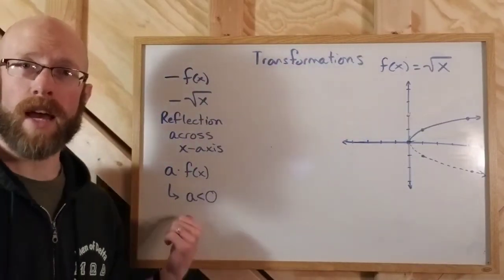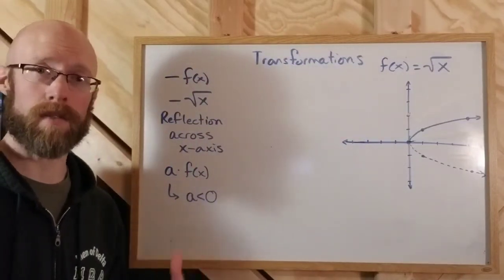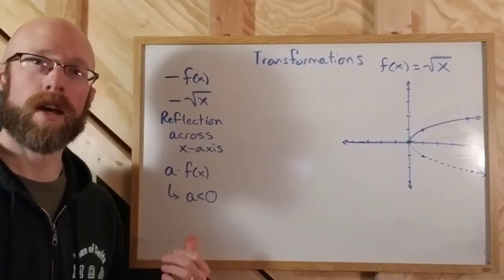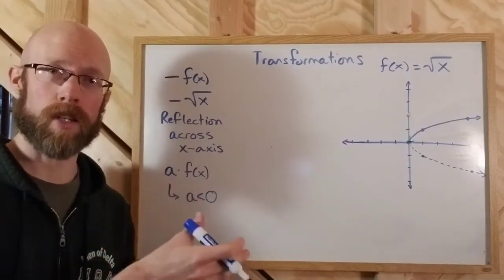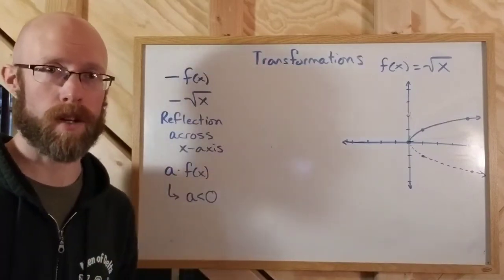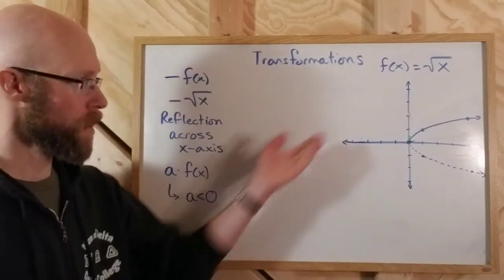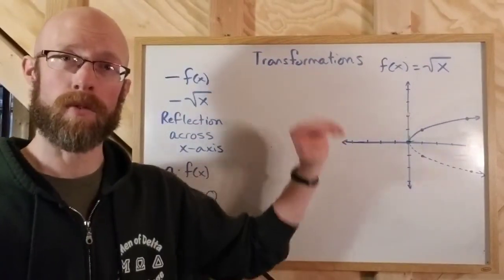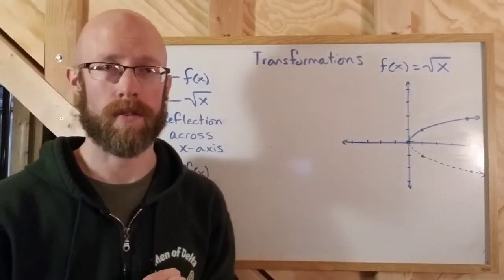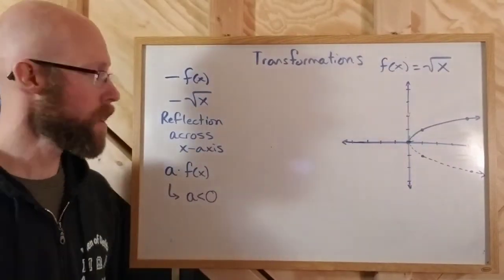Now, if a is not negative 1, if it's like negative 2 or negative 1/4, then you end up with a combination of both a reflection and a stretch or compress. So if it was negative 2, it would reflect and stretch. If it was negative 1/4, it would reflect and compress. So you can combine these things.